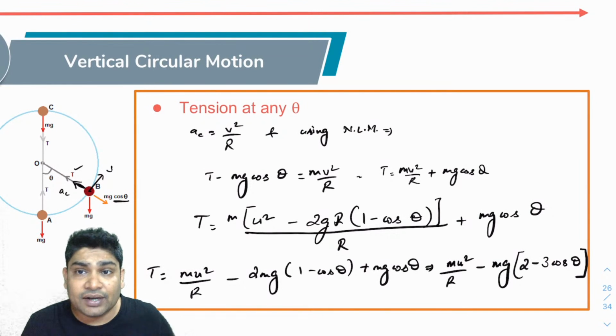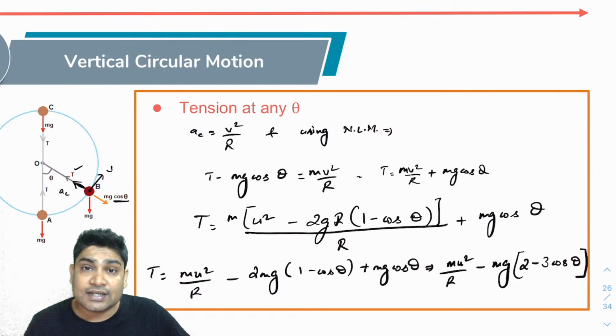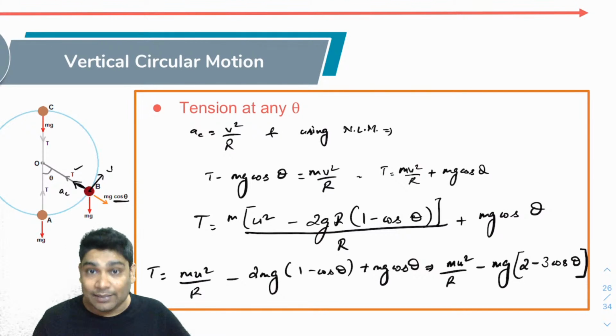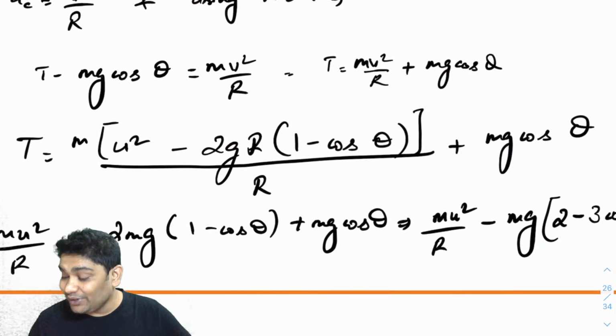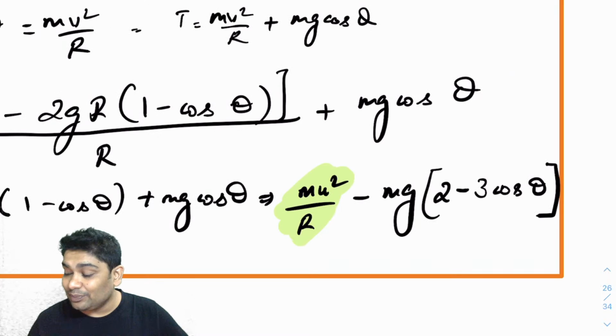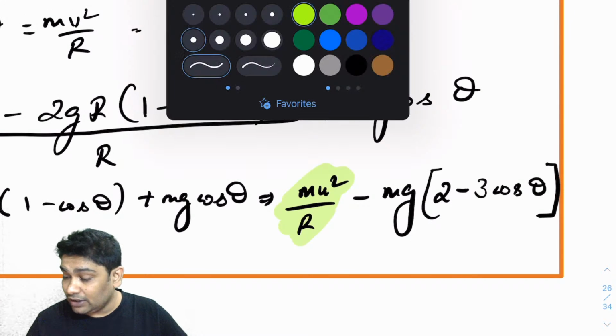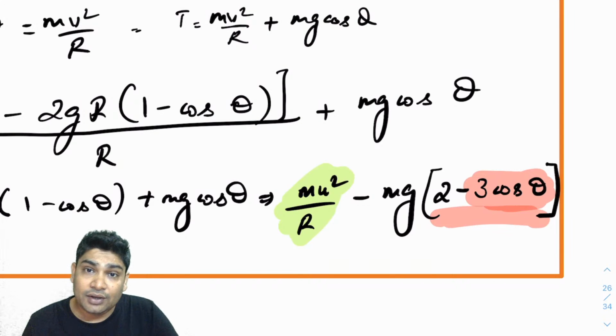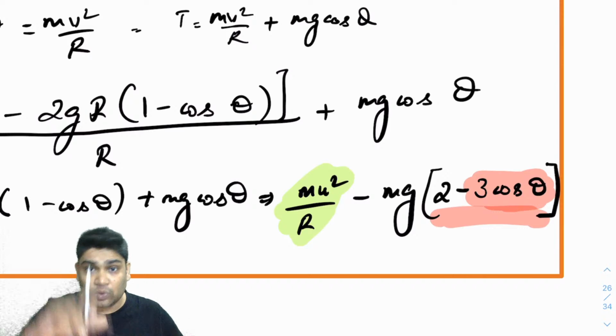So you realize as you're moving up, the tension is decreasing. The tension would be maximum when it is at the bottom. Why so? Let's see. You realize this term is fixed. This is never changing. How about this term? As your theta increases, your cos theta will go from 1 to minus 1.